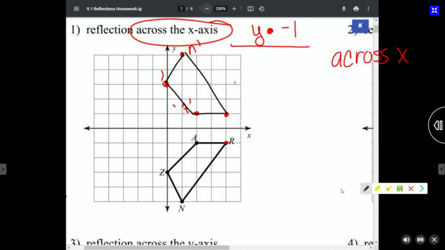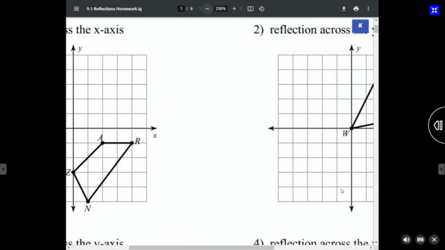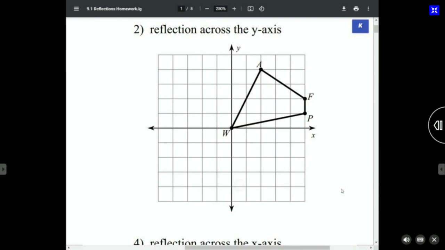All right, let's check out number 2. I got to go across the y-axis. So if I'm going across the y-axis, which way is my shape going to flip over, guys?